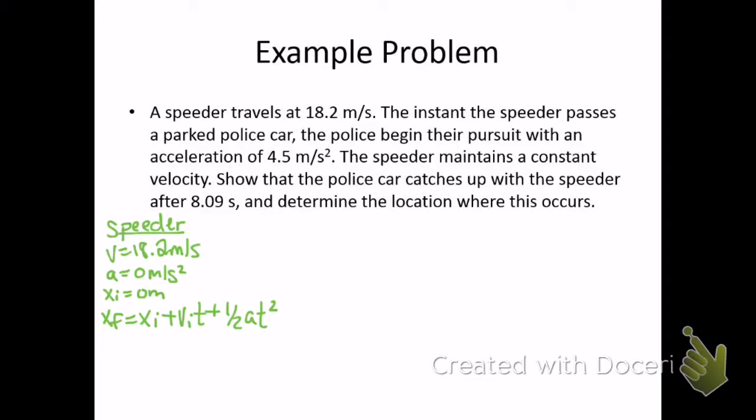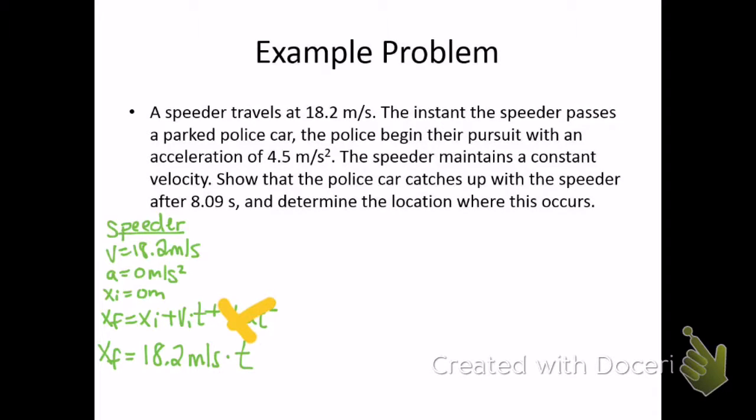One thing to consider, however, is the fact that we do not have acceleration, so this last term does go away. So we can plug in our 0 for our initial position, plug in our velocity of 18.2 meters per second, and we end up with the equation: our position is equal to 18.2 meters per second times t. This is our setup equation for our speeder.